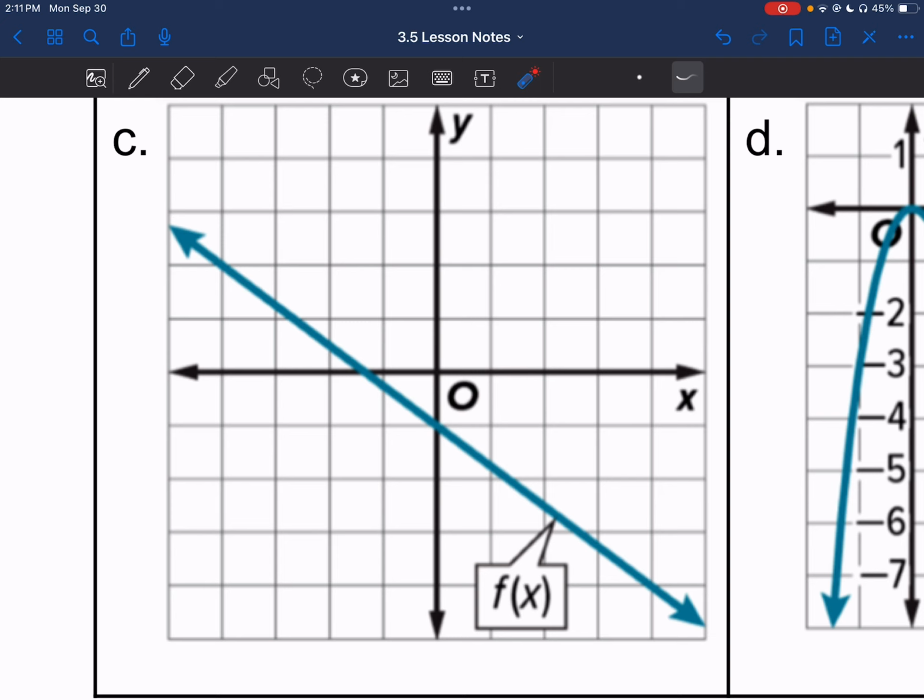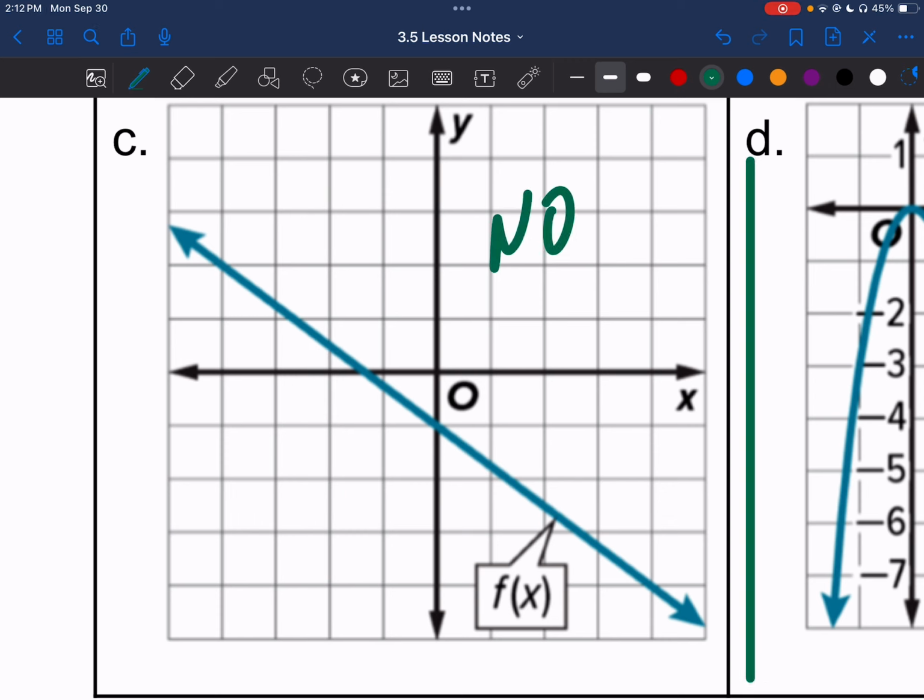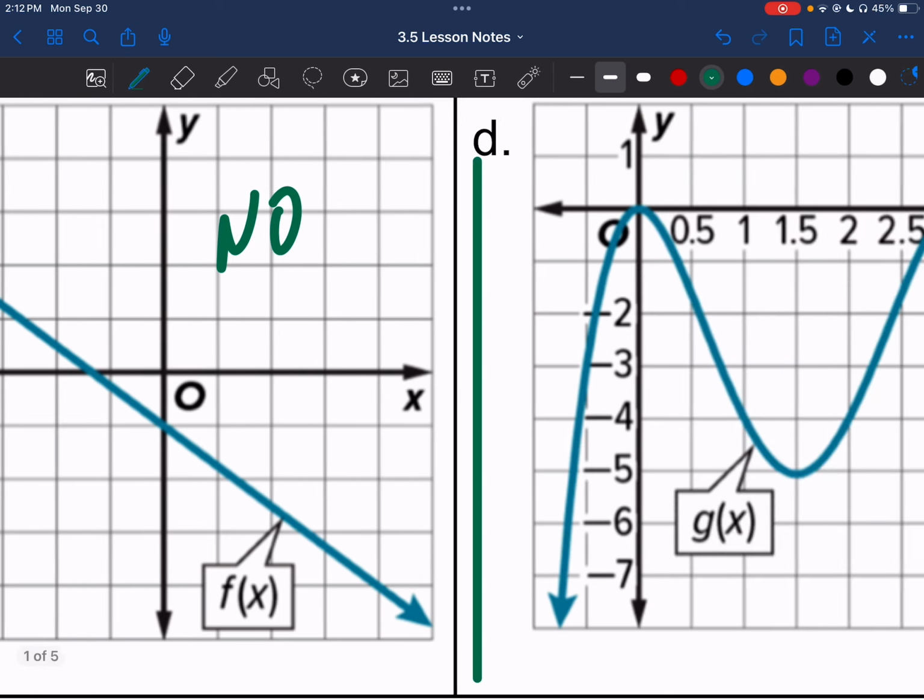So if we were to draw a vertical line on this graph, is there anywhere that I can move that line and get the left side to match exactly what the right side is doing? The answer is no. So this is not symmetric. There's no line symmetry here.